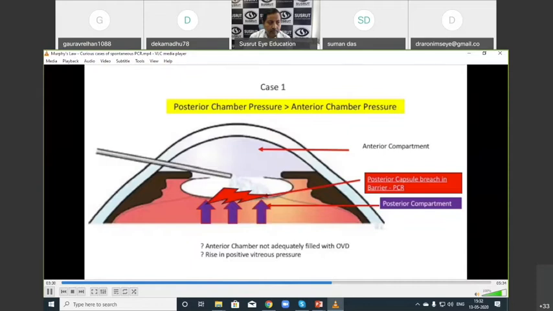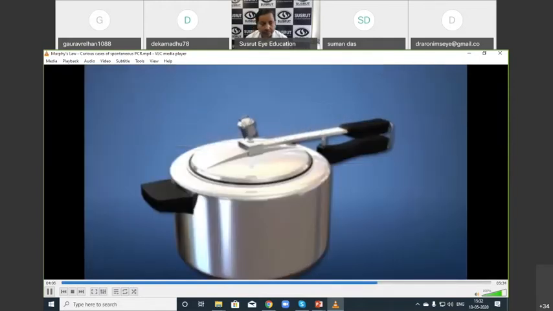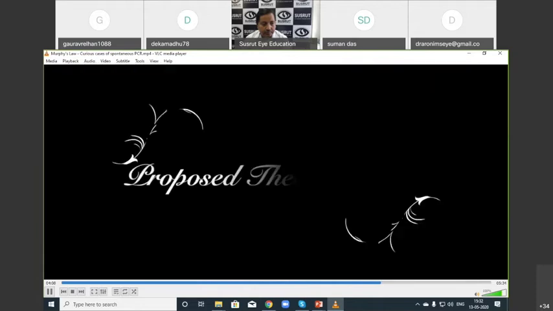In the first case, we propose a theory that due to an inadequately filled anterior chamber with OVD after removal of the nucleus, along with an increase in the positive vitreous pressure, there was a breach in the capsule. Similar to a pressure cooker, where the steam builds up pressure and at one point gives way.